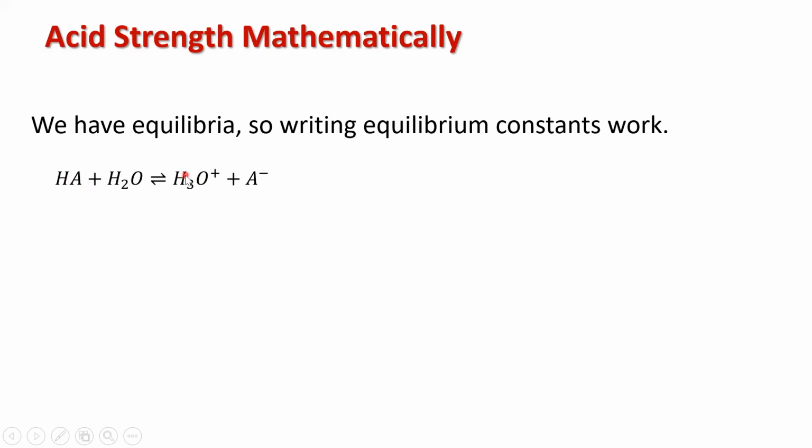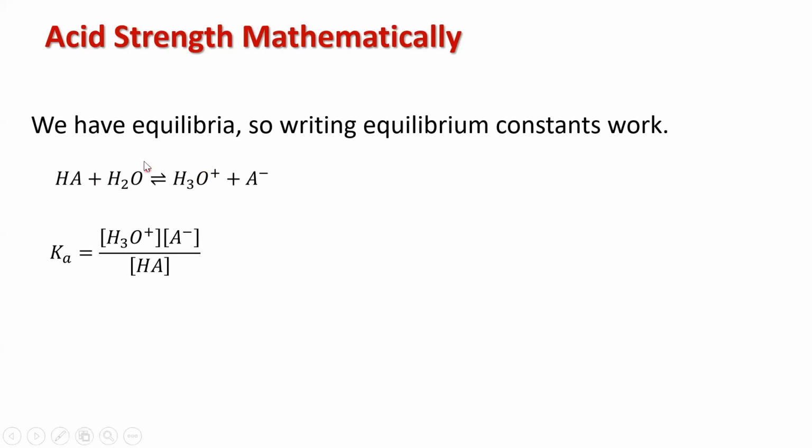Well, since we have an equilibrium, we can write an equilibrium expression. Now, we're going to use this little a here because we're looking at a weak acid. We had a w when we were looking at the equilibrium for water. We're going to put an a here because we're talking about acids. But we calculate K's the same way: concentration of the products over the concentration of the reactants raised to the power of the coefficient in the balanced equation.